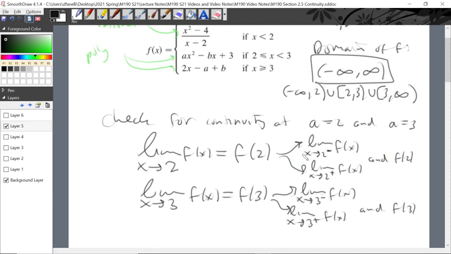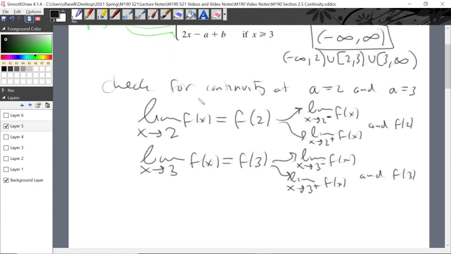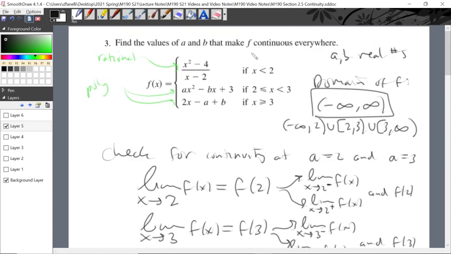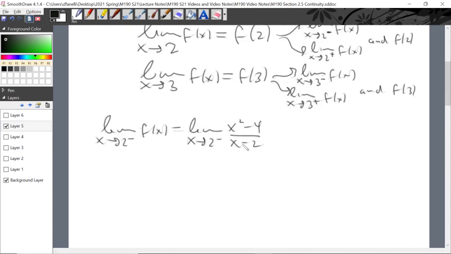Now, if we take the limit from the left of 2 as x approaches 2 from the left of f of x, that puts us on this piece, x squared minus 4 over x minus 2. Let's start there. The limit as x goes to 2 from the left of f of x is the limit as x approaches 2 from the left of the x squared minus 4 over x minus 2 piece, right? Because x is less than 2 there. Now, this is a rational function.